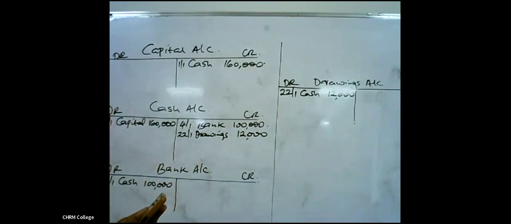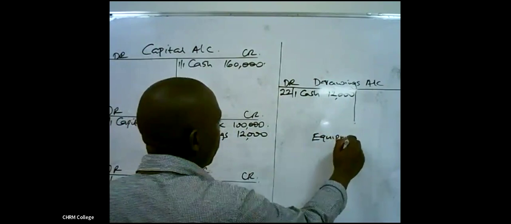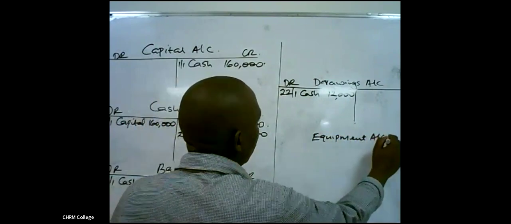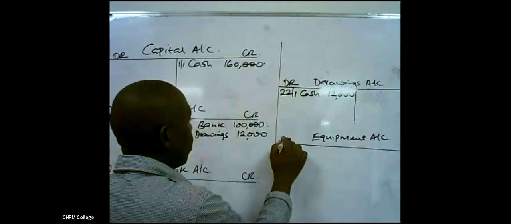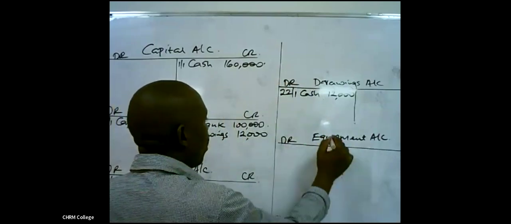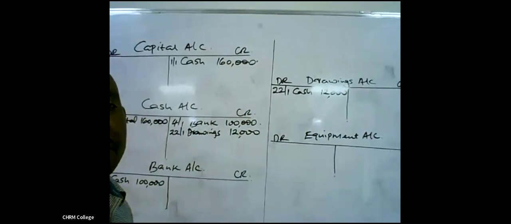Lastly, in that month, the proprietor brought in personal equipment, so we shall have to open an account for equipment. And because it is the owner bringing in, it will affect capital.